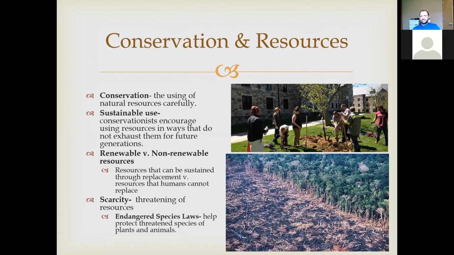Conservation says it's okay to use natural resources, but we need to be careful about it, and we need to have a long-term approach that doesn't result in negative lasting impacts, right?